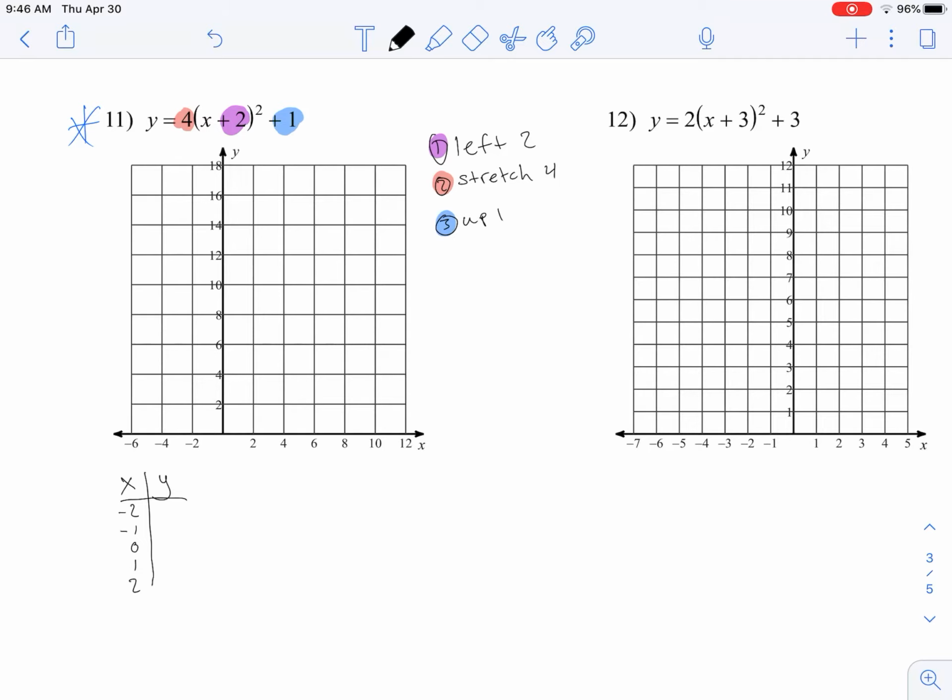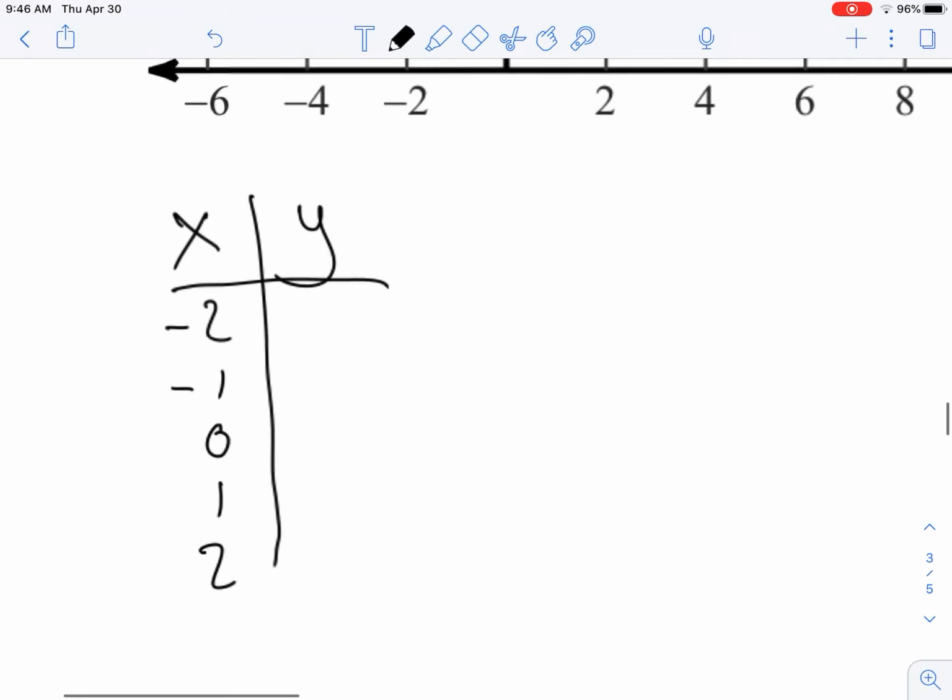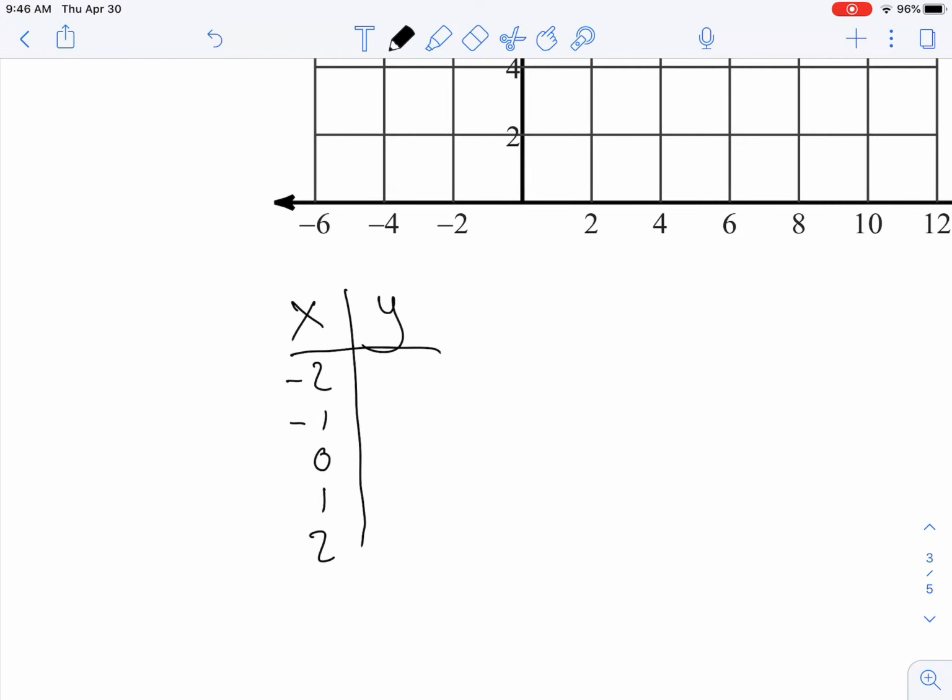I think that's been the most confusing part. So I'm using my 5 favorite numbers here for our parent table, which is if there were no transformations taking place and we just had y equals x squared. This is our most basic quadratic function.